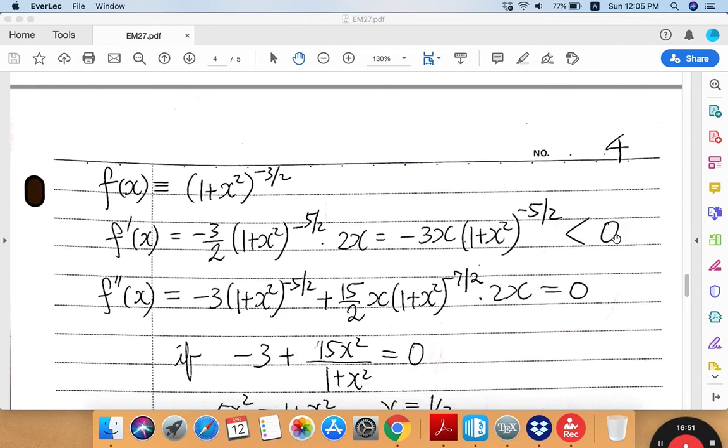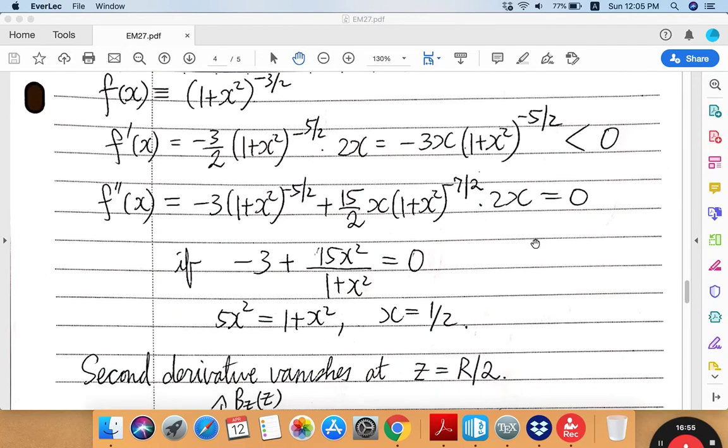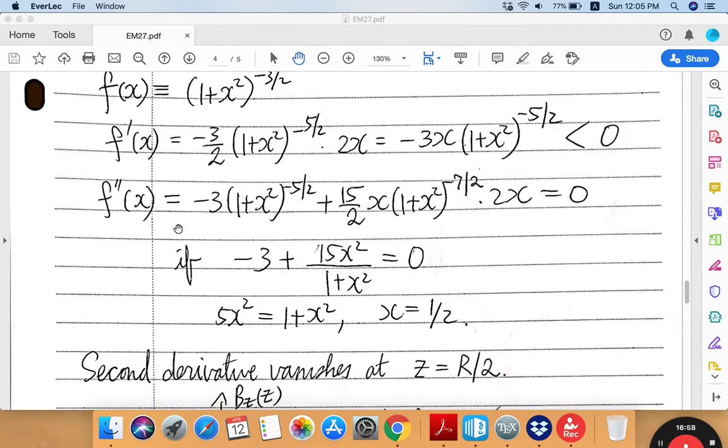But what is perhaps less trivial is the fact that when you work out the second derivative, then this second derivative becomes zero, because at some point it changes sign from being a negative value to a positive value.